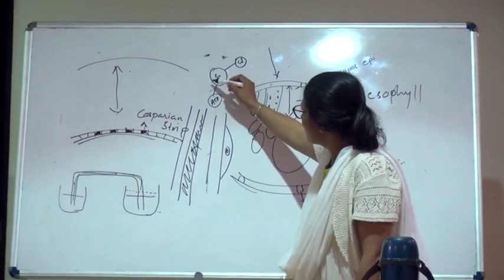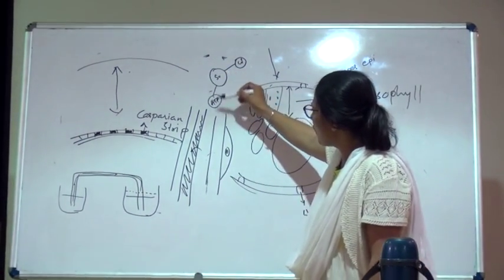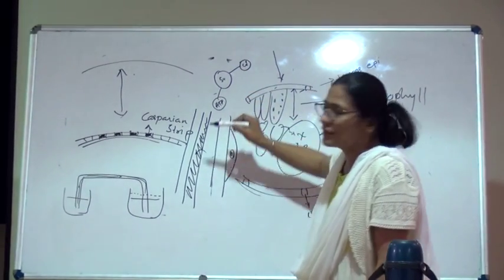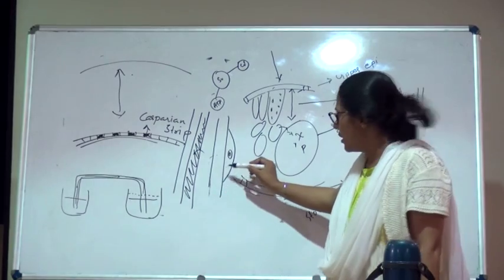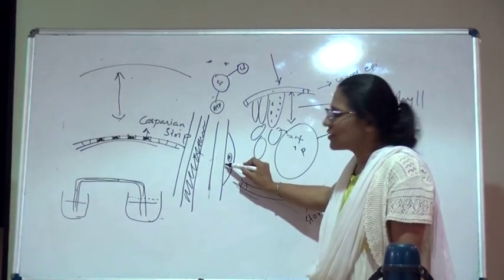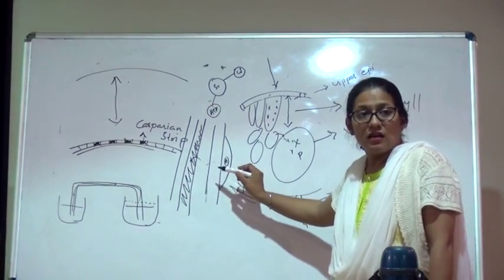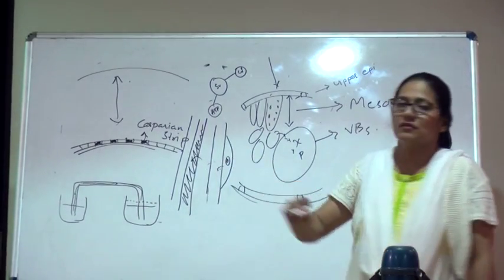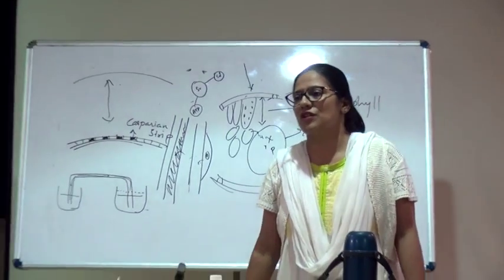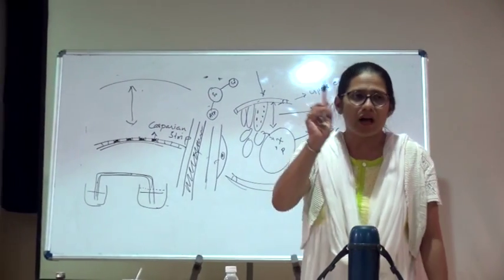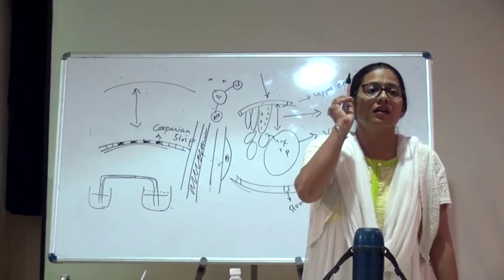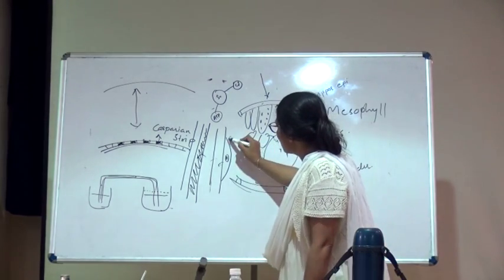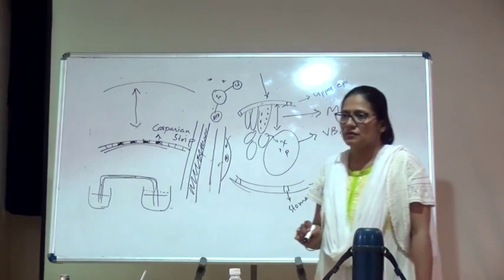Because of this protein and energy, the sugar molecule is able to transport from one cell to another through the plasmodesmata.